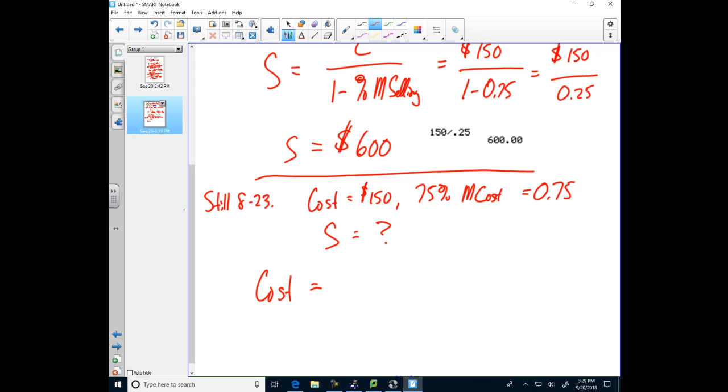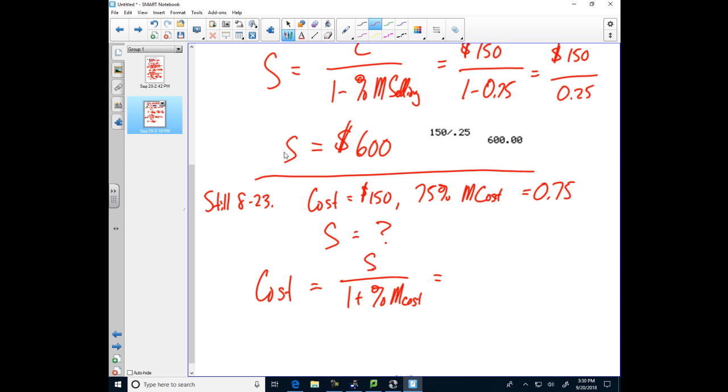Cost equals S divided by 1 plus percent markup based on cost. So let's see here. Wait a minute. We want it in terms of S, don't we? Yes. Isn't that right above that? Let me fix this. S equals, it's right up above it.